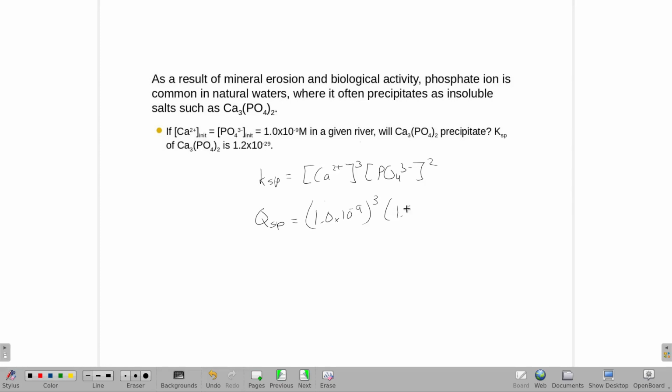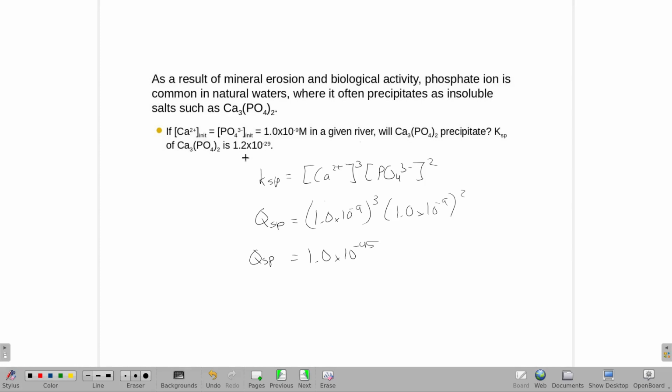And I like that that's 1.0 times 10 to the -9th, because this makes the math nice. It's still going to be 1.0, but it's going to be 9 times 3 and 9 times 2, or 9 times 5, so this would be -45th. All right, so we have a Q of 1 times 10 to the -45th. The K is much, much, much larger.